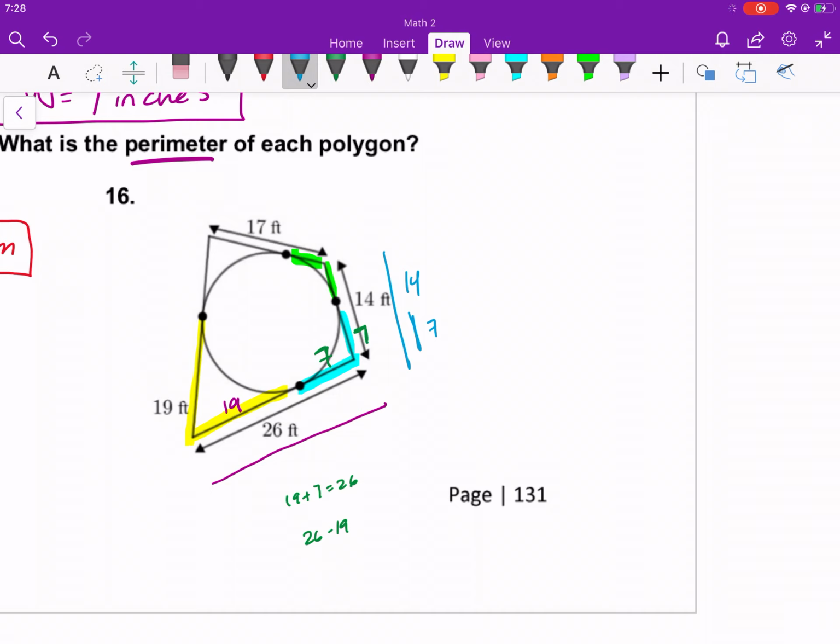So this other section should also be 7. And then this one's 7 right there. And then our last two, if the whole length right here is 17, and this little section right here is 7, this section right there, then the little segment over here should be 10, because you just subtract them. And then this is 10.